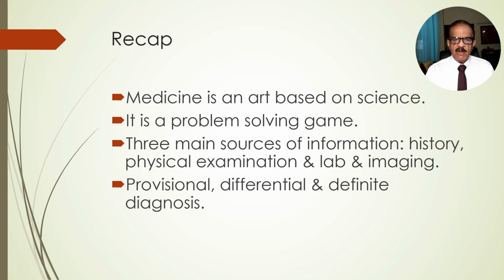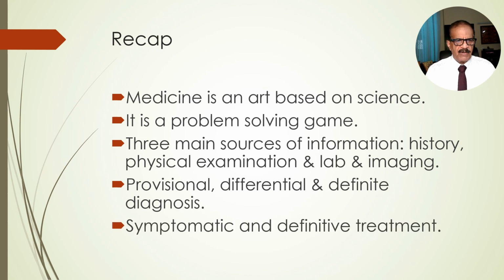Diagnosis is initially provisional, which means it requires confirmation, and we also develop a differential diagnosis because often we're not 100% sure and we consider other possibilities, and then we reach the definite diagnosis. As I emphasized, you should always ask yourself, could it be something else, because you don't want to miss anything.